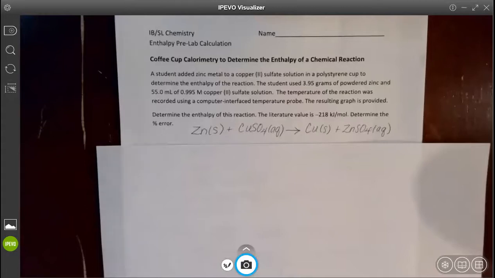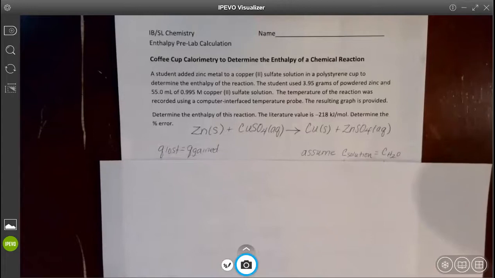In step 1, we're determining the amount of heat involved when this amount of chemical is combined. In order to do that, we measure a temperature change. We start out the problem assuming Q lost is equal to Q gained. In this particular reaction, the contents of the polystyrene cup go up in temperature.